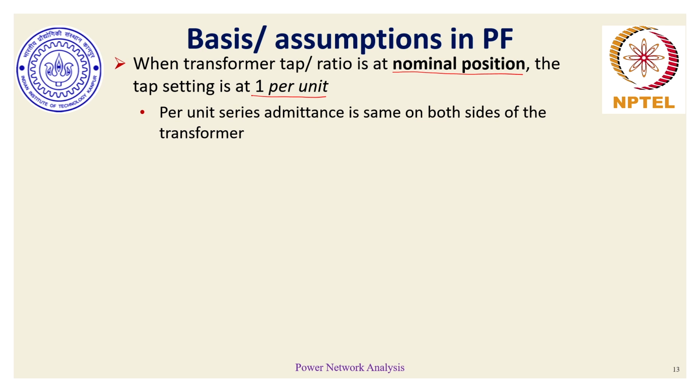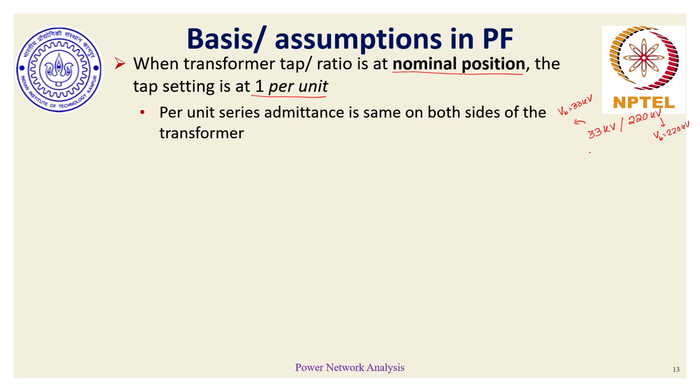In per unit, this ratio is equal to 1, which means, let's say we have a 33 by 220 kV transformer, and if we choose the base voltage on the low voltage side to be 33 kV, recollect that in per unit analysis, the HV side base voltage has to be the same as per the nameplate rating, so it has to be 220 kV.